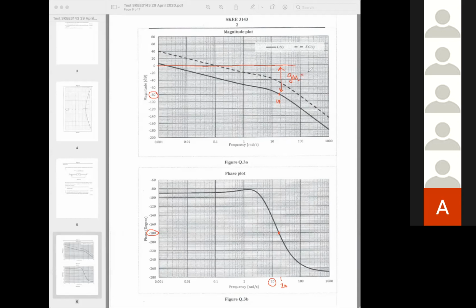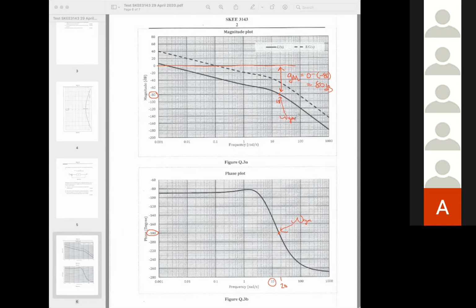Aina, do you understand? Minus 80, so it will be 80 decibels. Okay. This we call omega GM, the gain crossover frequency. Same, this is also omega GM.